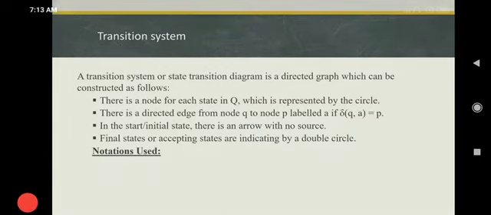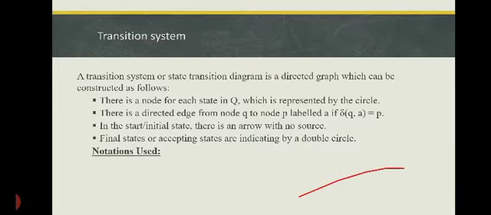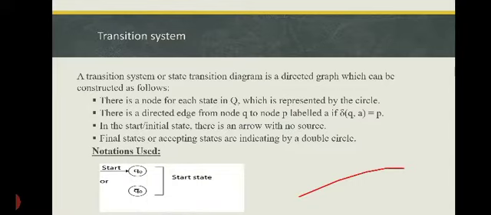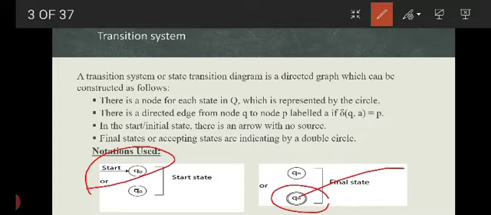The notations used in this transition system are the notation used for start state and the notation used for final state. So if it is a start state, then we can represent it by an incoming arrow to the state, and if it is a final state, it can be represented by double circles.